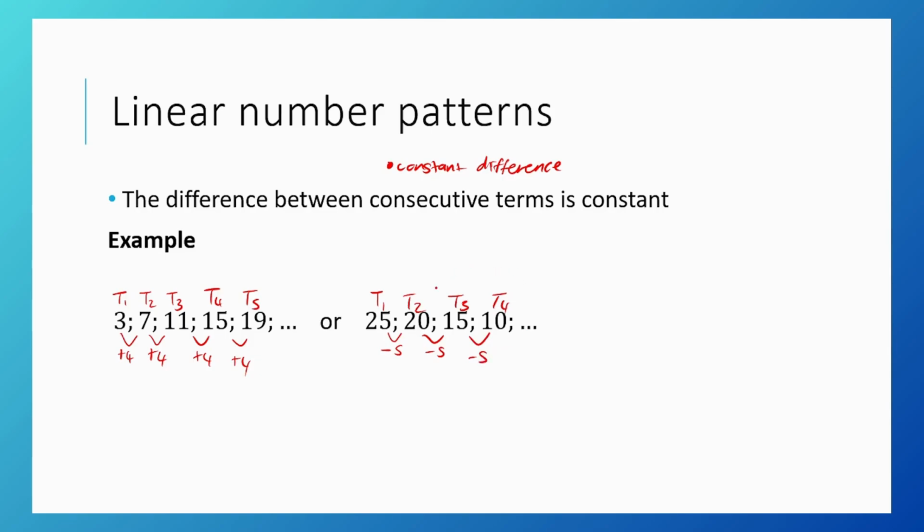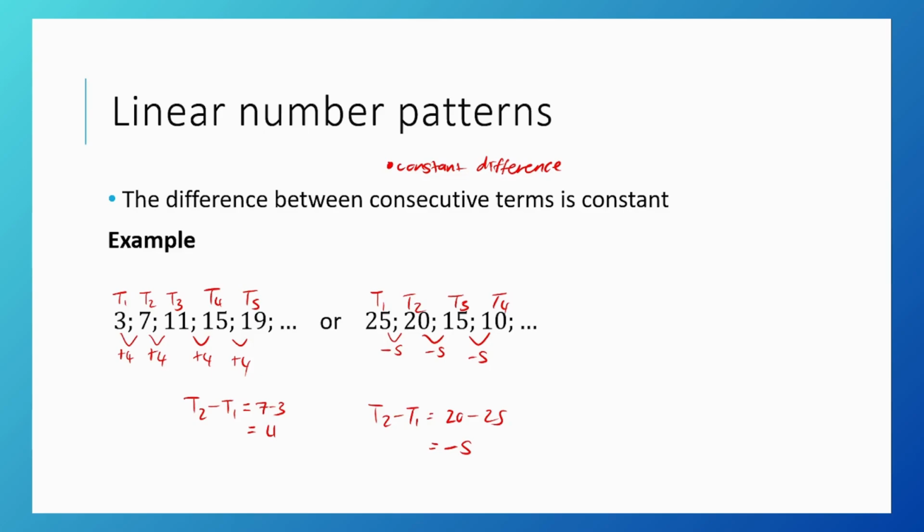Another way you can always get that is saying term 2 minus term 1. So for this one, it would be 7 minus 3, so it's 4. And for this one, term 2 minus term 1 would be 20 minus 25, which is negative 5. So your constant difference is what you are adding every time, even if that is a negative number.